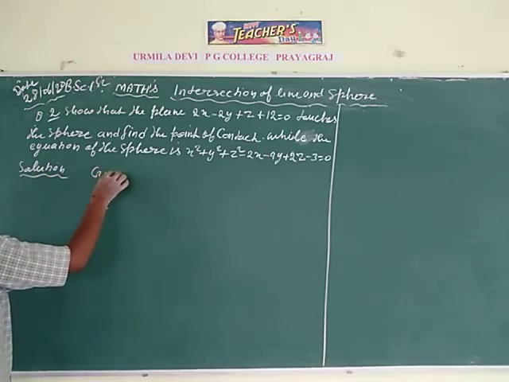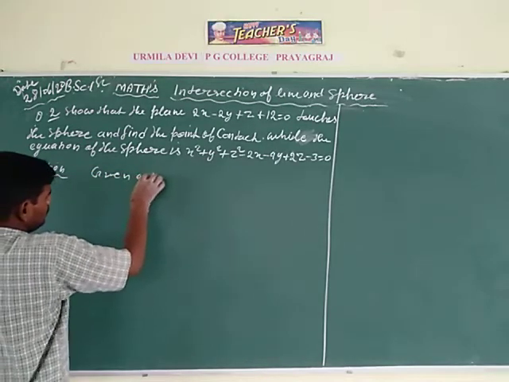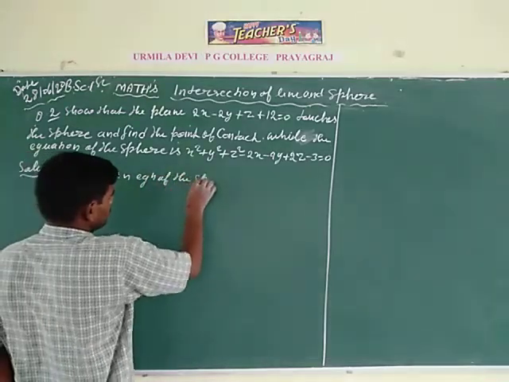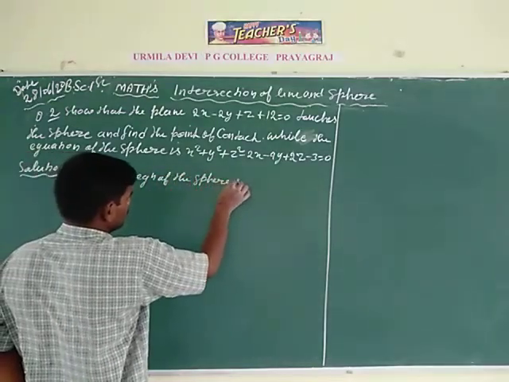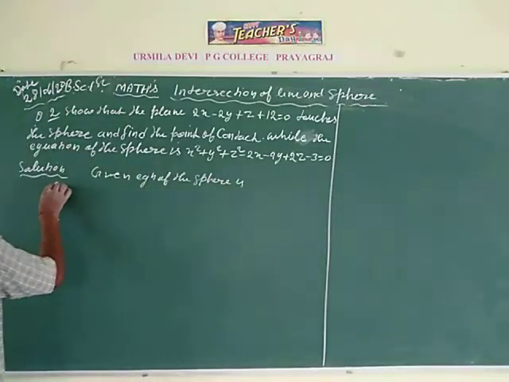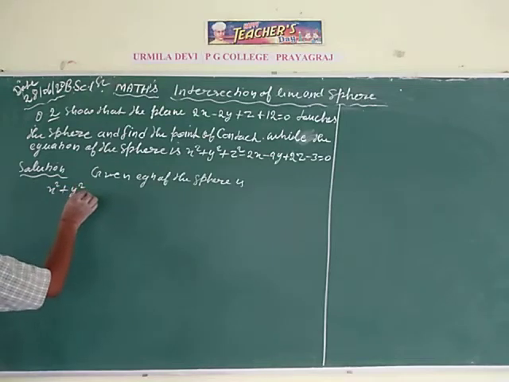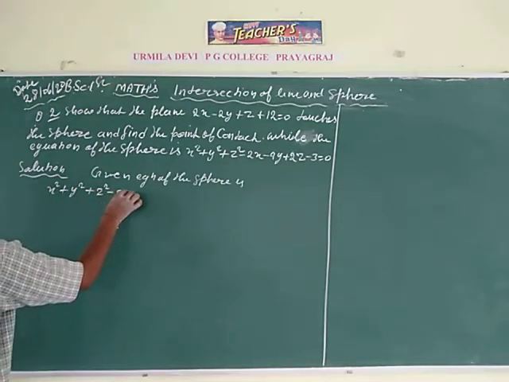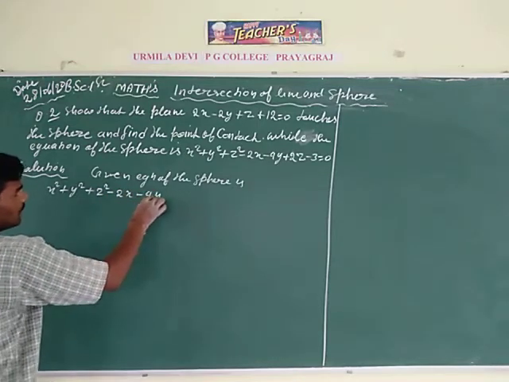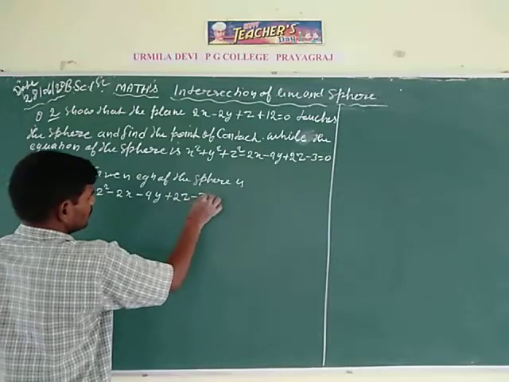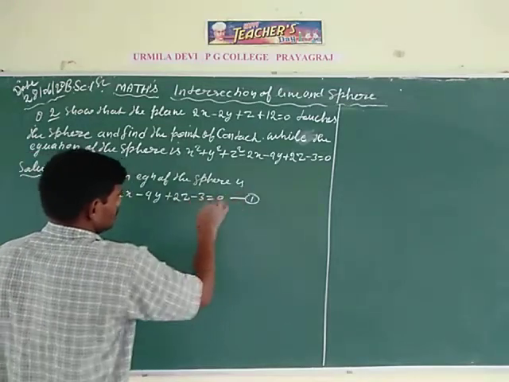the given equation of the sphere is x square plus y square plus z square minus 2x minus 4y plus 2z minus 3 is equal to 0, which is equation first.